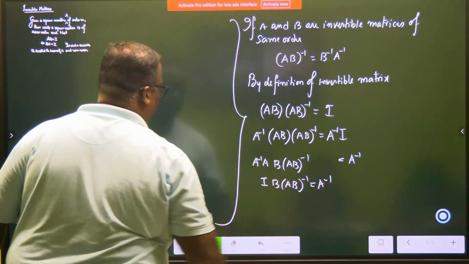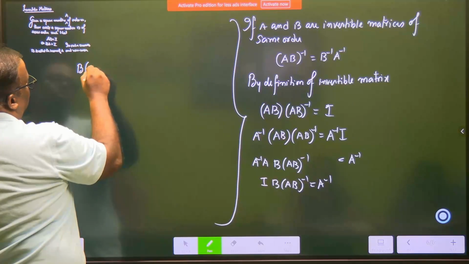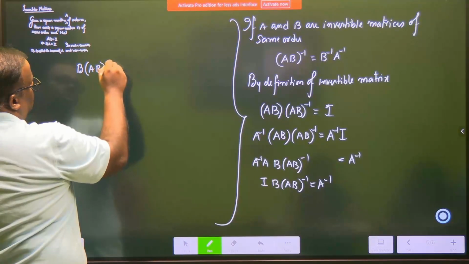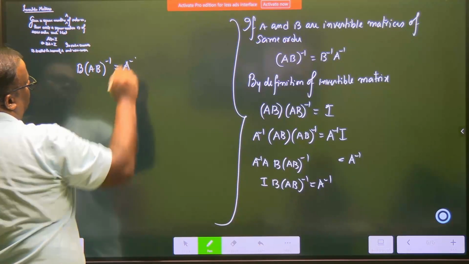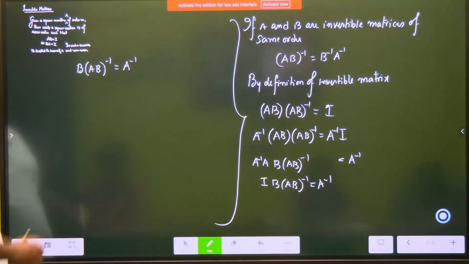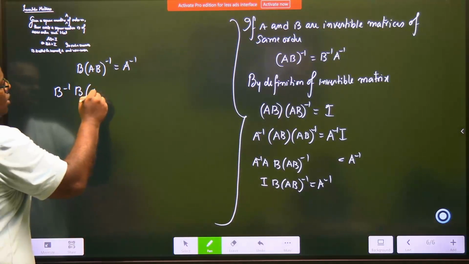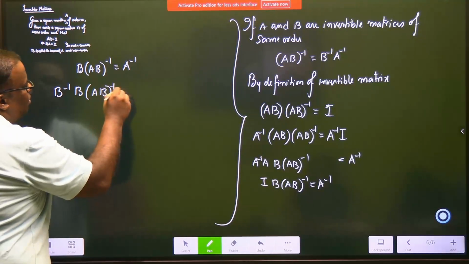Identity matrix multiplication does not change anything. So it retains as B into AB inverse is A inverse. Fine. Now bring B inverse on both sides. B inverse B into AB inverse. Your job is done now.